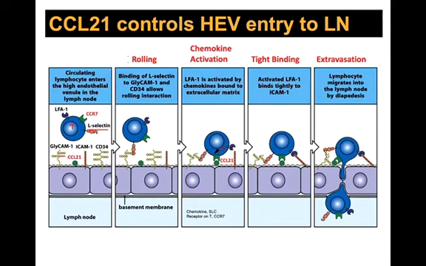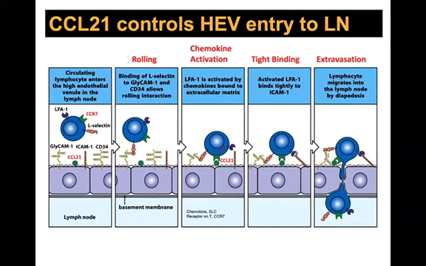The next step is that the chemokines that are being produced inside the lymph node are actually being transported and held on the surface of other cells by fibrin-like proteins, okay? And so in this case, CCL21 is being held on the top of these cells, and as this cell is rolling by, it's going to recognize that CCL21 by CCR7, which is the chemokine receptor, and that's going to activate LFA1.